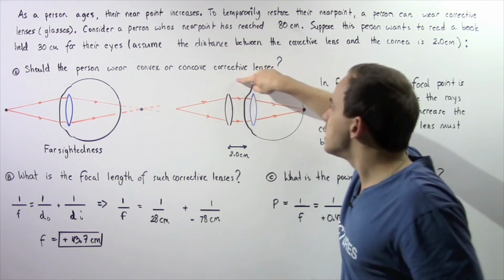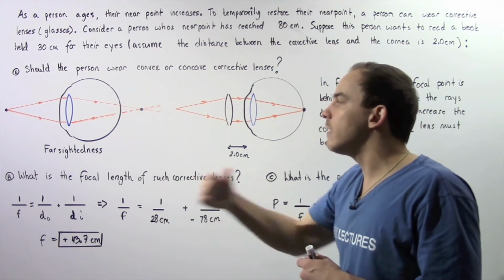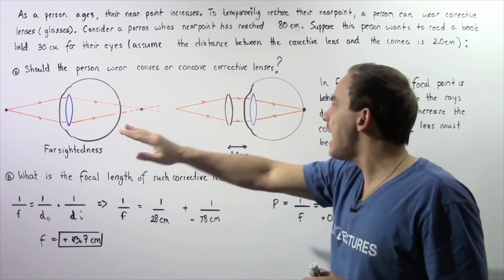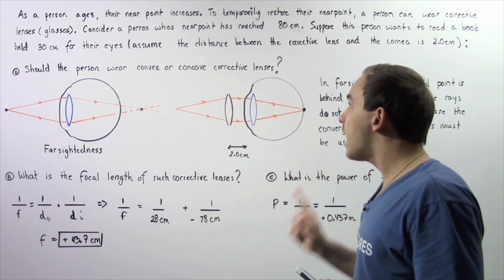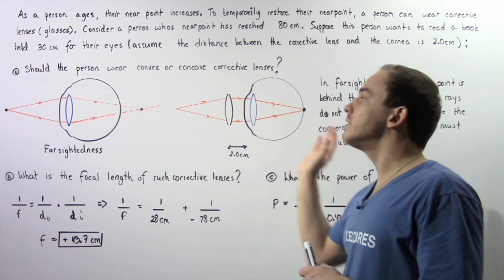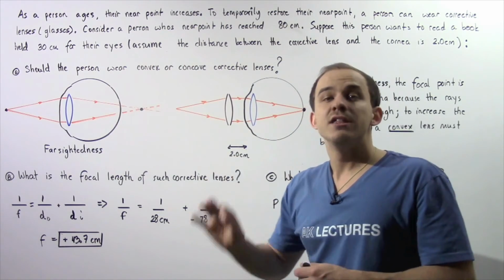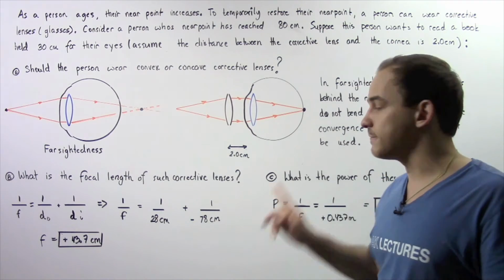So that means this corrective lens has to form an image of the object 78 centimeters away to the left of this corrective lens. Because our image is formed on the same side as where the light originates, on the left side, the image distance is negative.